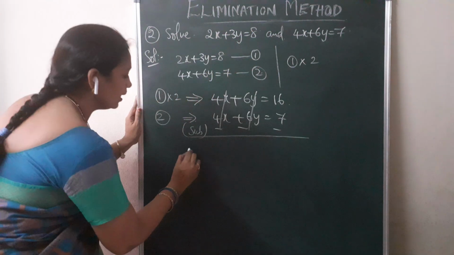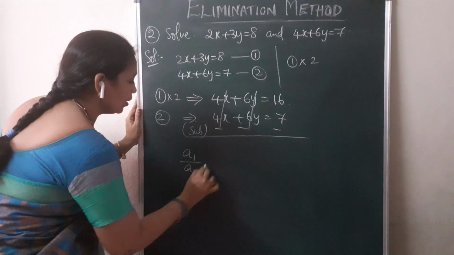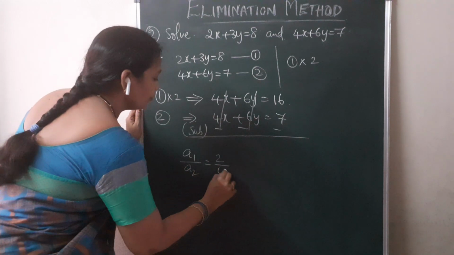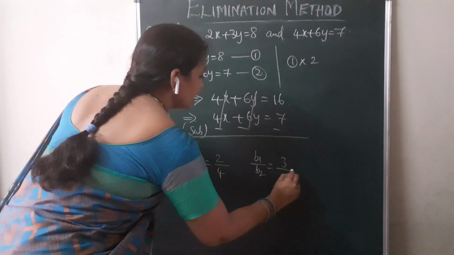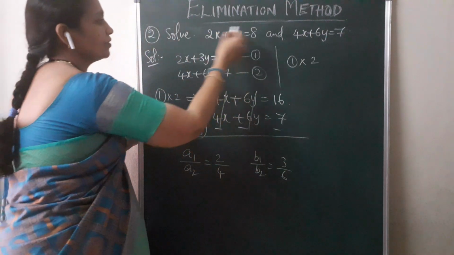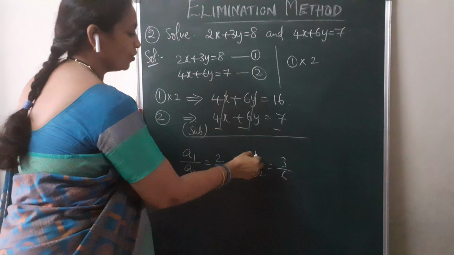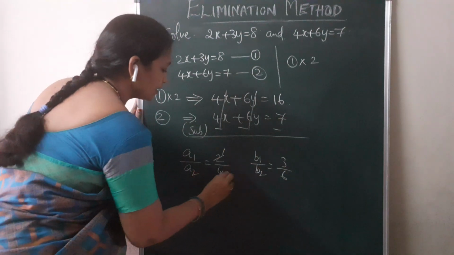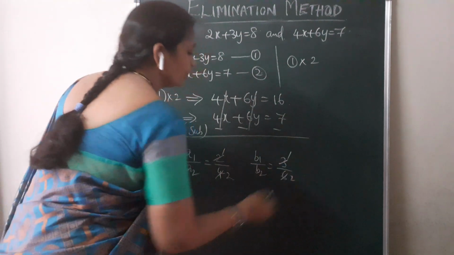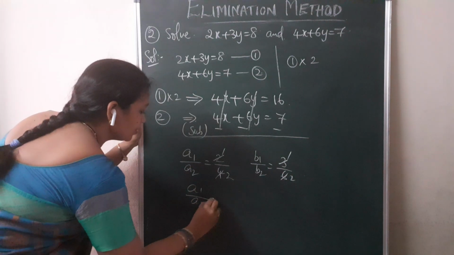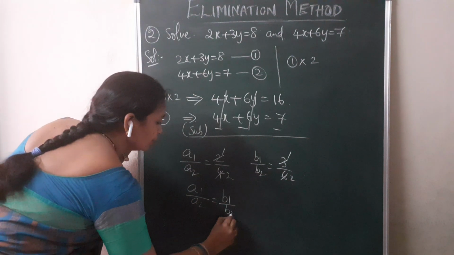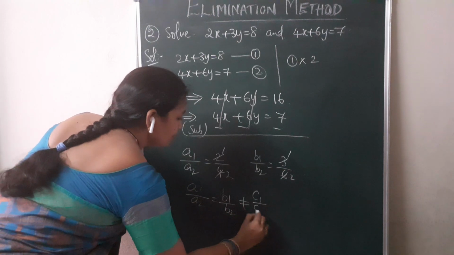How can you say that? Because a1 by a2 is equal to 2 by 4, and b1 by b2 is equal to 3 by 6. These are the ratios of the coefficients of x and of y, which is 1 by 2 is equal to 1 by 2. And the condition is a1 by a2 is equal to b1 by b2 is not equal to c1 by c2.